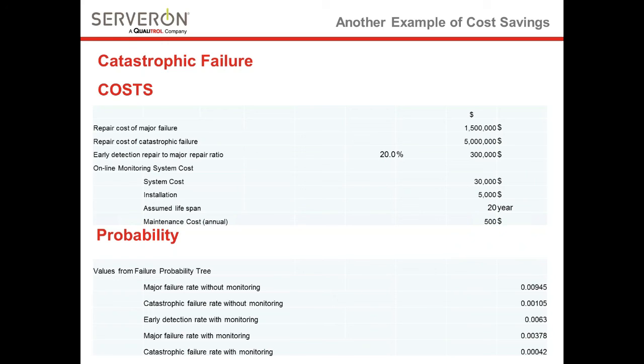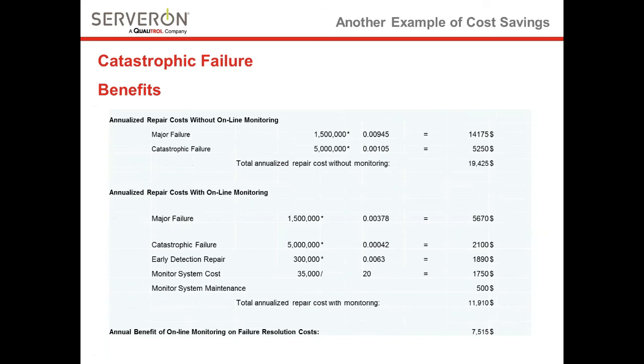And then back to the probability, we already went through the process of calculating the probability of catastrophic failure with and without monitoring, or major failure with or without monitoring. And that can all be put into a calculation. So the probability of a major failure without monitoring and with monitoring.